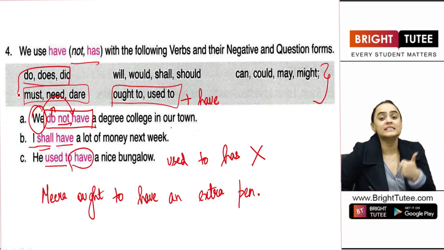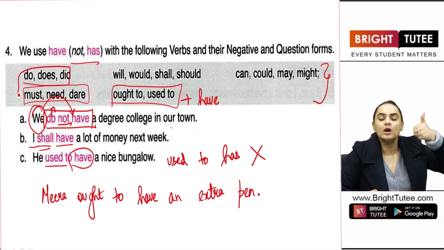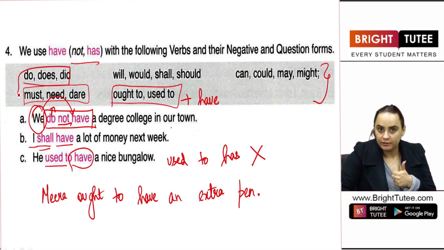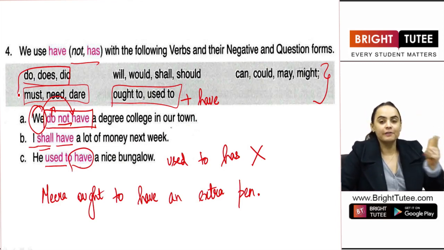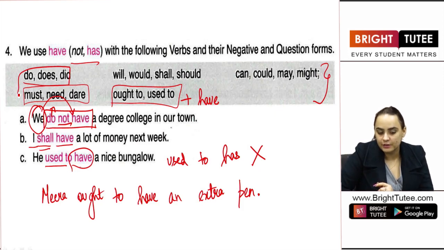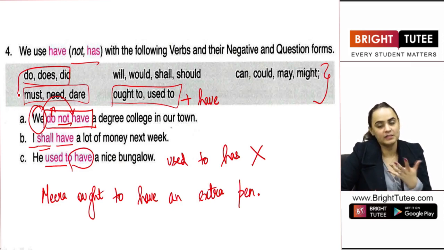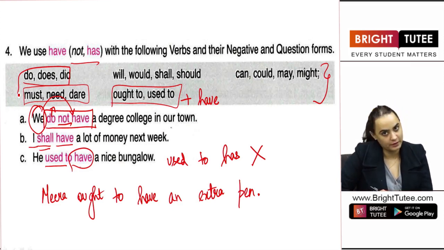So, if in a sentence, after the subject, we have do, does, or did, we will use have with it. Okay. If in a sentence, after the subject, we have a modal verb, then also we are going to use have with it. And if in a sentence, after the subject, we have words such as ought to or used to, then also we are supposed to use have with it.